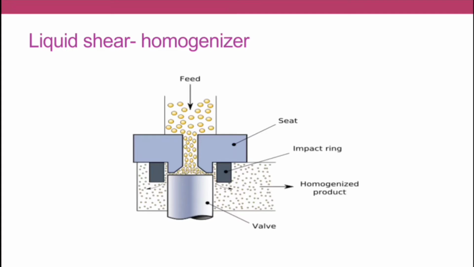The ring is there adjacent to the valve where it creates a pressure, and when the pressure is released and the cells come out, the cells feel the shock, and because of which the liquid shear force is created and they get disrupted.